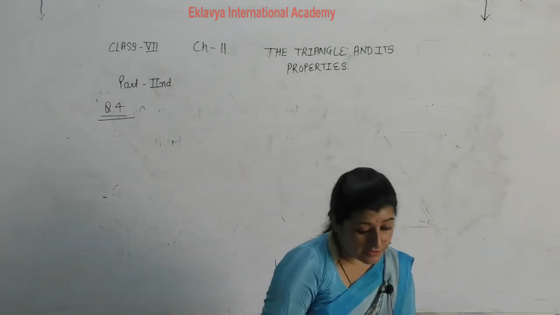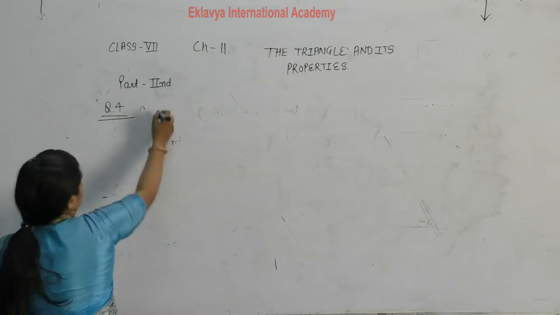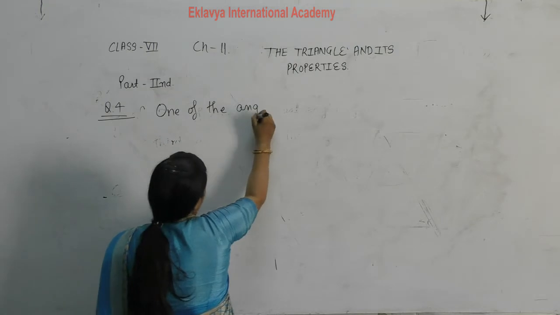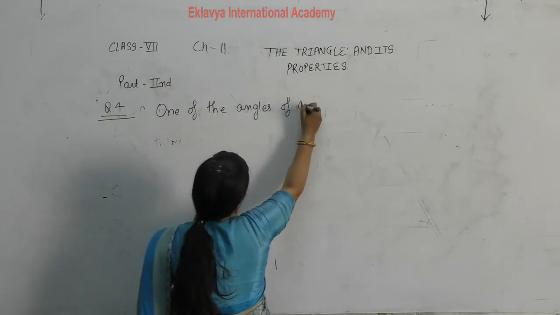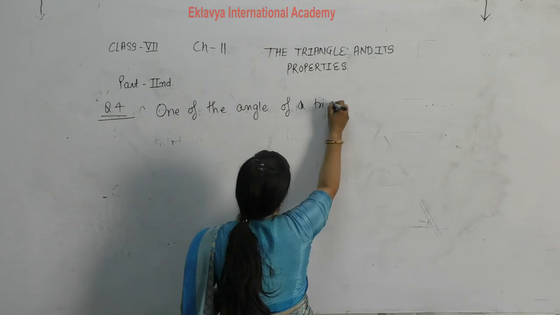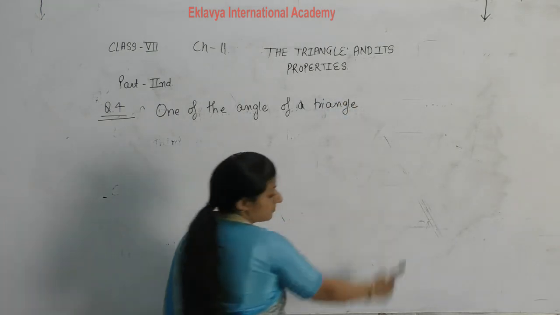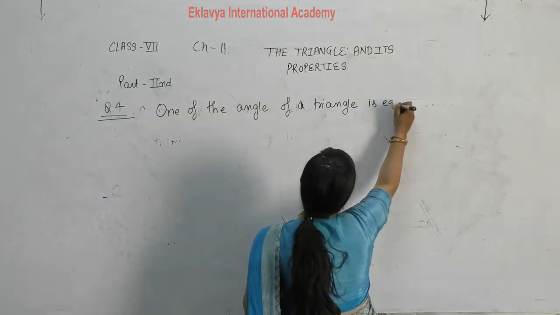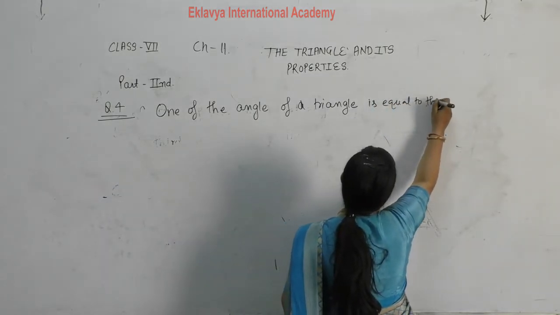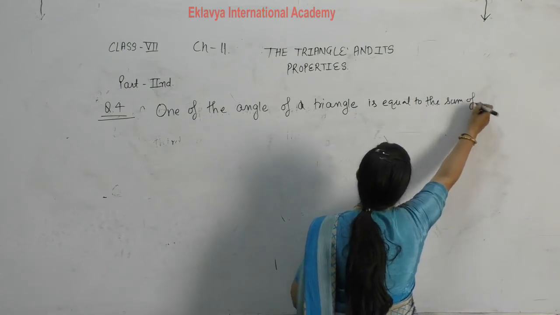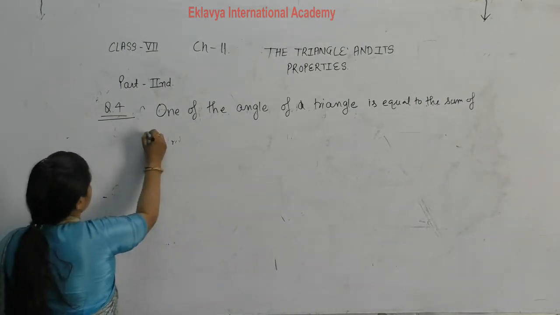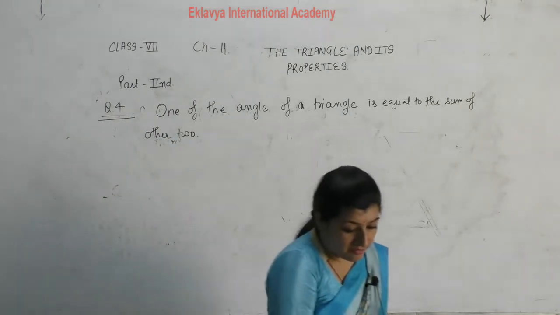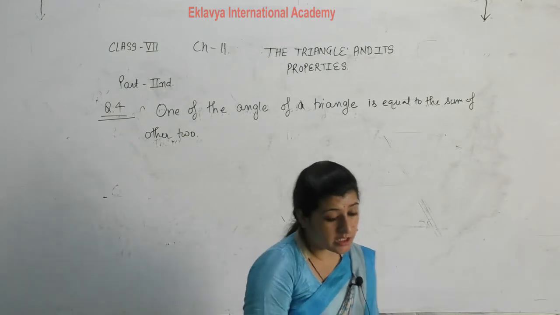One of the angles of a triangle is equal to the sum of the other two. Find the measure of this angle.